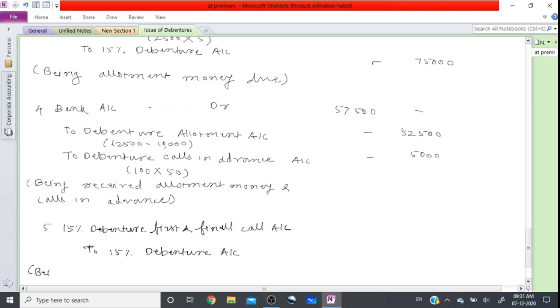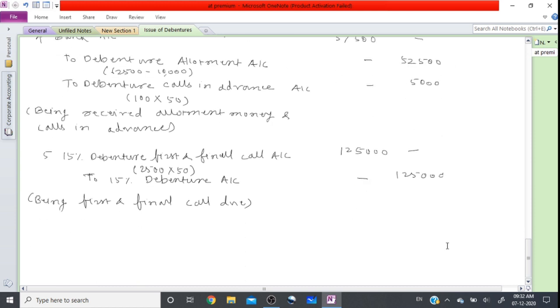Write a narration: being first and final call due. So that money will be 2,500 into 50, right? That money will be 1,25,000. This much amount is due on first and final call.